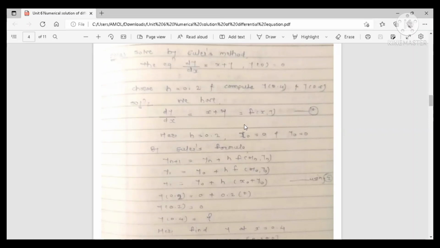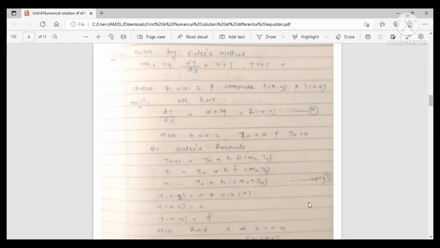But here we have to find out the value of y when x is 0.4 in two steps. First, you find the value of y when x is 0.2. Why? Because our h is 0.2 and x naught is 0. So x naught plus h is x1 and it is 0.2. So we have to find out for 0.2 first, the value of y when x is 0.2.